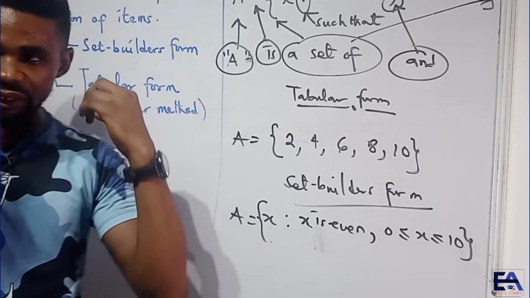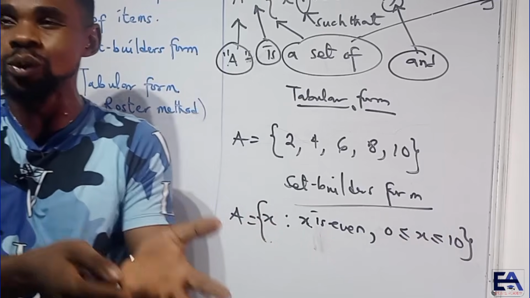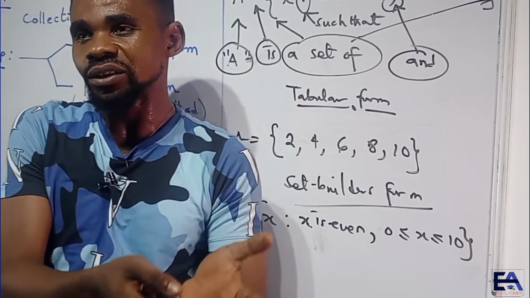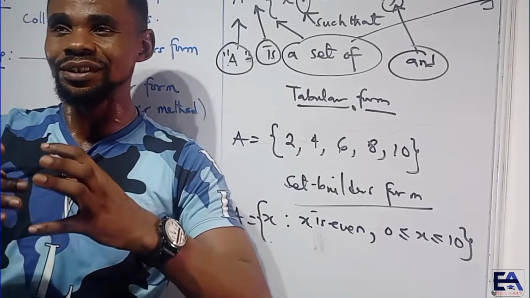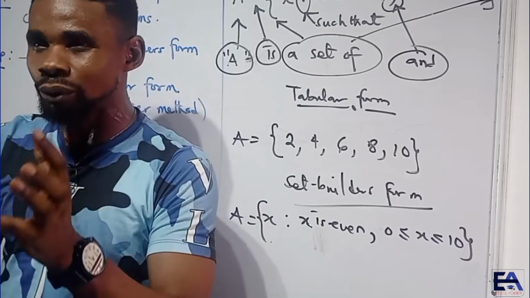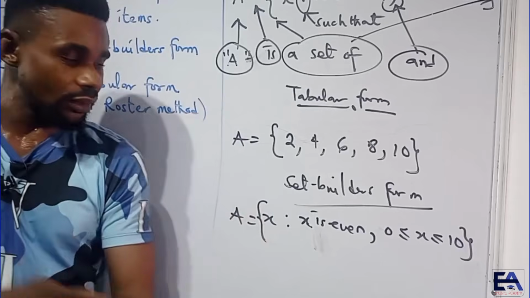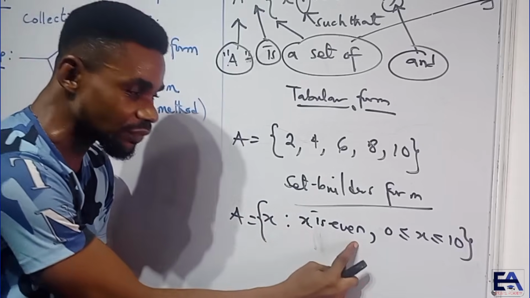So in a nutshell, you can just call X a number, like an unknown number. Do you understand? So you can refer to it or see it in that picture of an unknown number. So A is a set of some numbers such that that number is even.